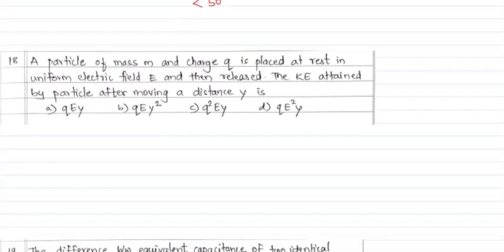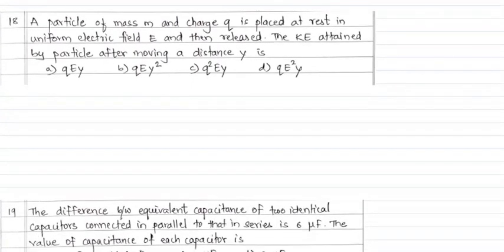Next, 18th. A particle of mass m and charge q is placed at rest, means initial velocity is 0, in uniform electric field E and released. Kinetic energy attained by particle after moving a distance y. So for kinetic energy I need v.